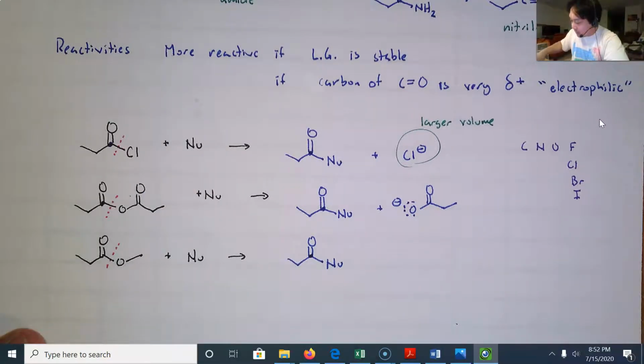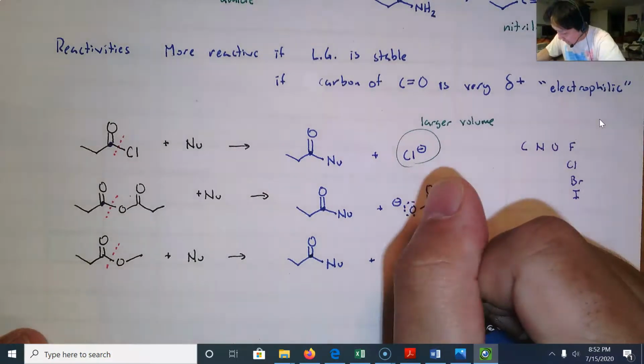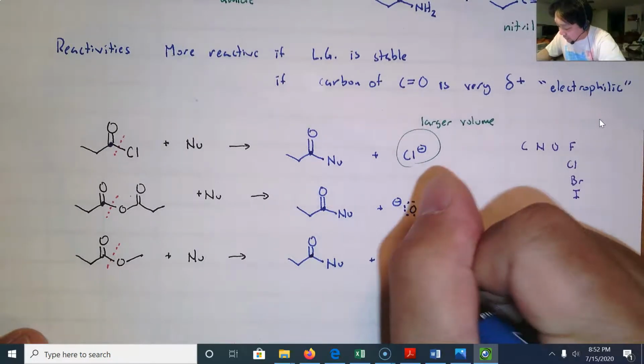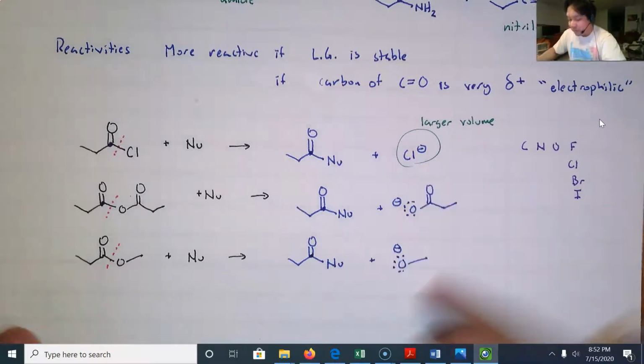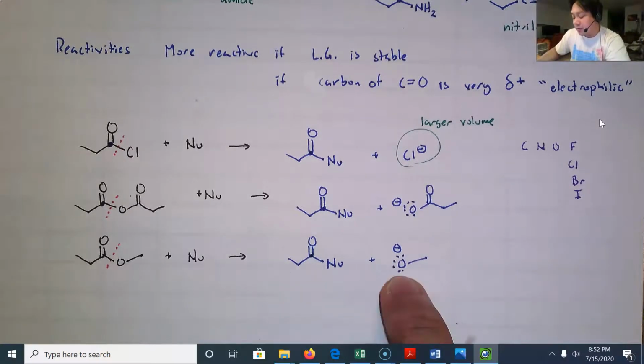Now the thing is, in the mechanism for some of these, the leaving group doesn't actually look like what I'm drawing. For the ester case, a lot of times that oxygen would be already protonated. Yeah, it would be protonated before it leaves.